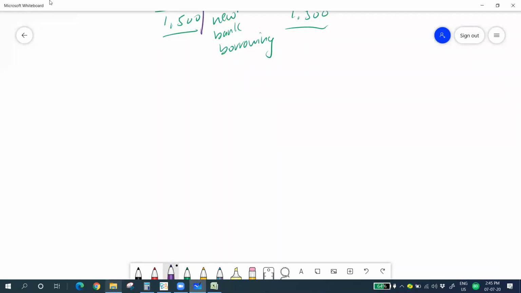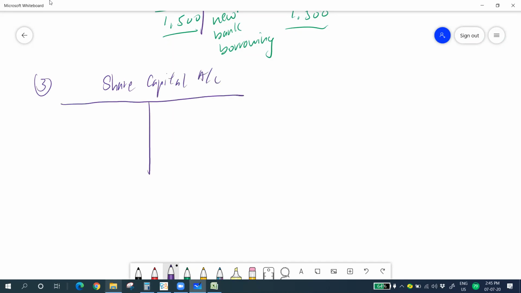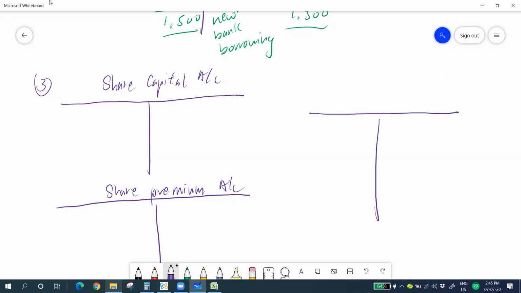To solve this, we have to prepare the share capital account, the share premium account, and also the retained earnings account. We should prepare these 3 accounts to solve this number 3 adjustment.